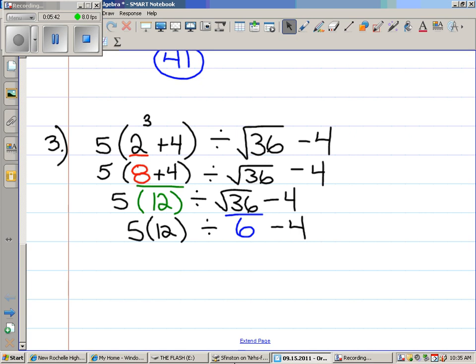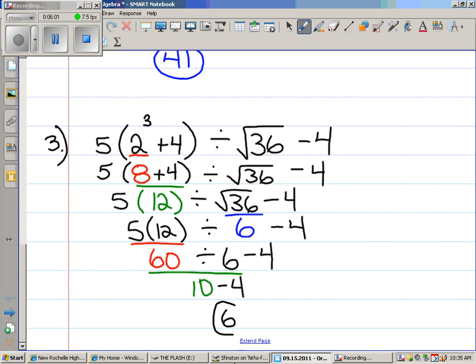Good job. Yeah, 5 times 12. That's 60. What about now? Absolutely. These guys right here, which is 10. And then obviously, it's beautiful.